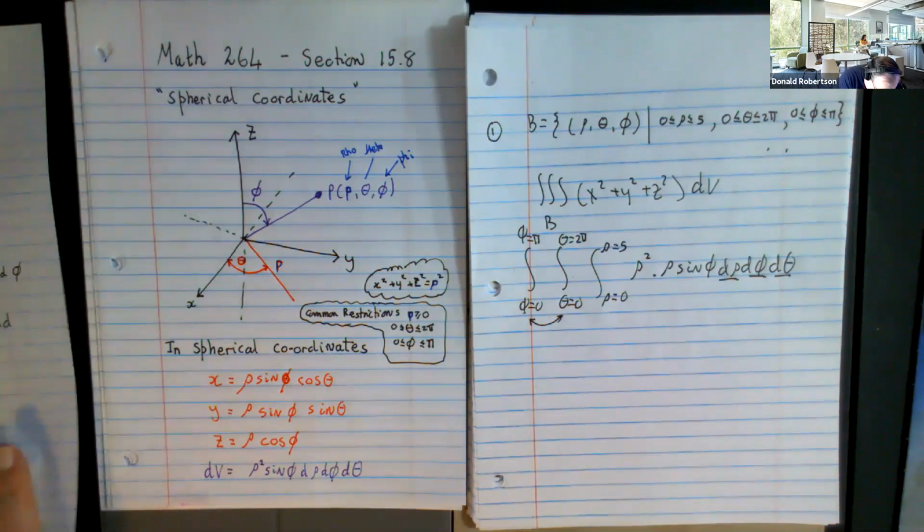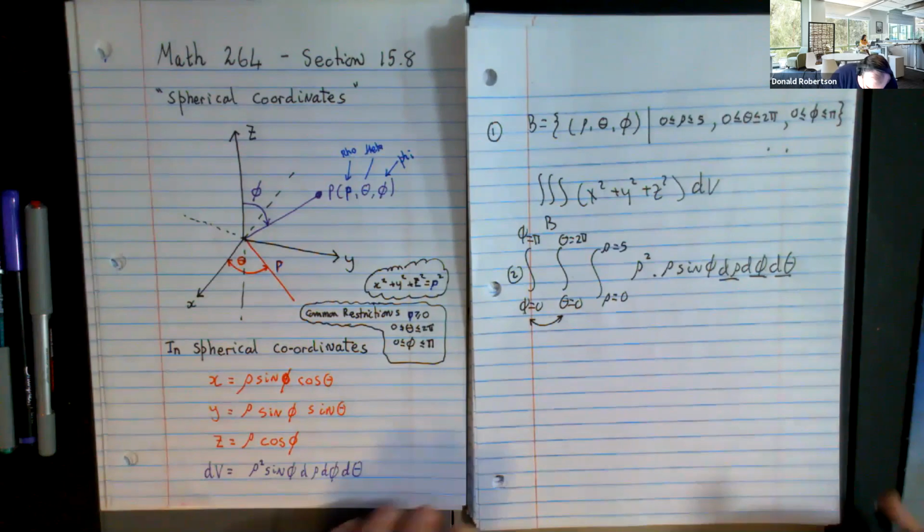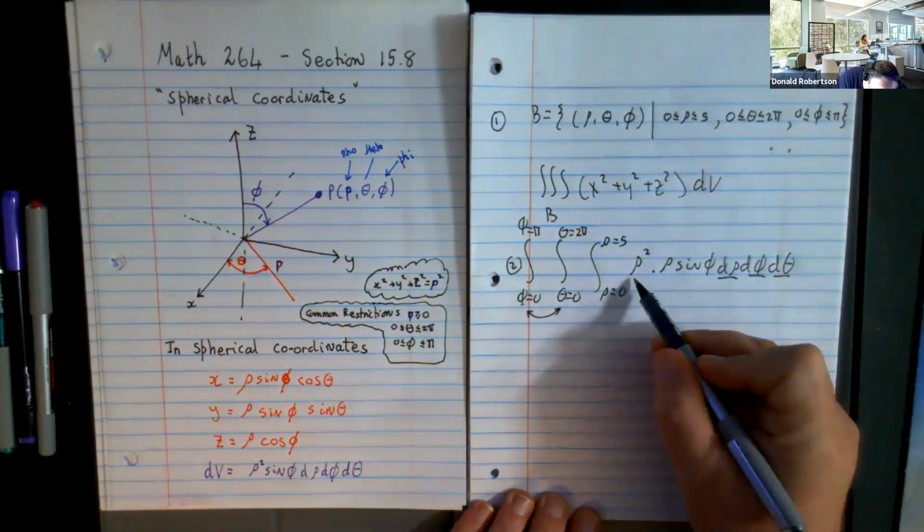Well, that would be step 2. And step 3 is evaluate. So I'm going to have rho cubed.